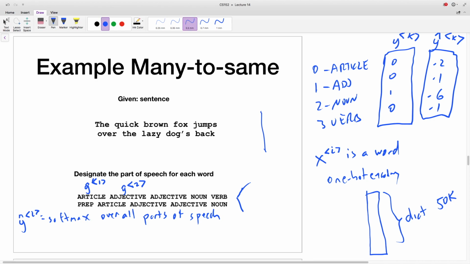Okay, so let's say we have V is 5023 and Fox is 32. Then our input here, X4, would be 0, 0, 1, and this is at index 32, right?